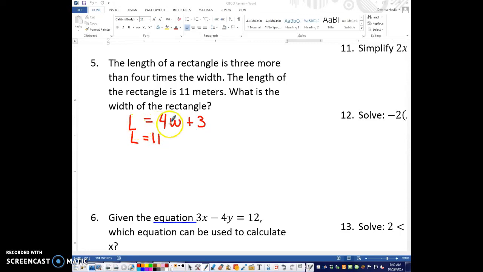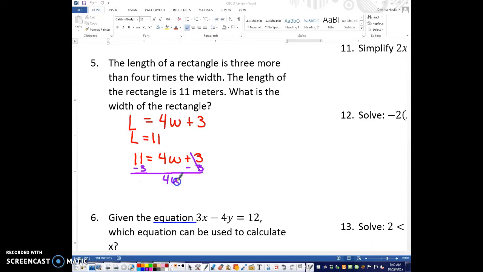Well, if L equals this and L equals this, that means these equal each other, because L equals both of them. So we can say 11 equals 4W plus 3. Now let's solve it. Can we add or subtract? We can subtract the 3 from both sides.